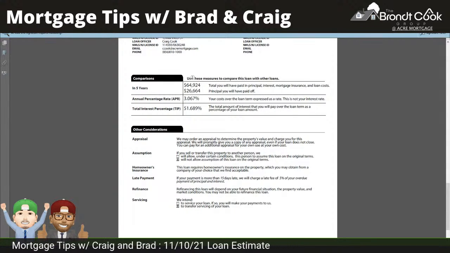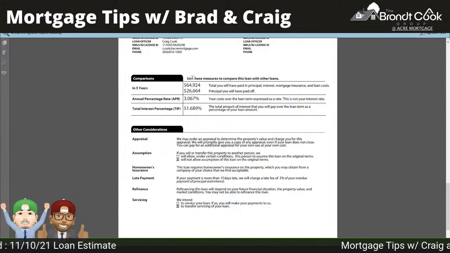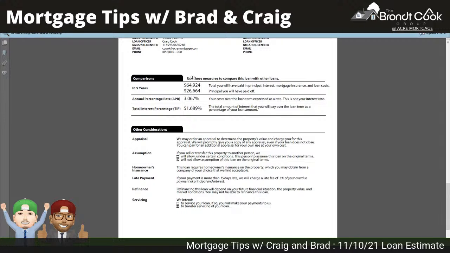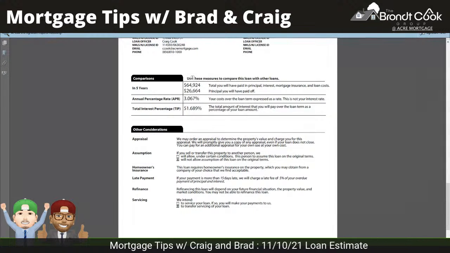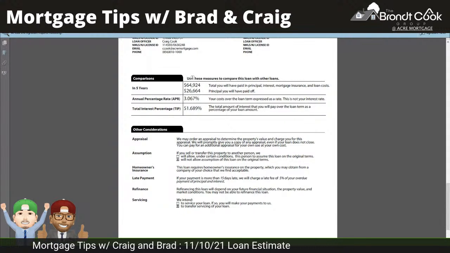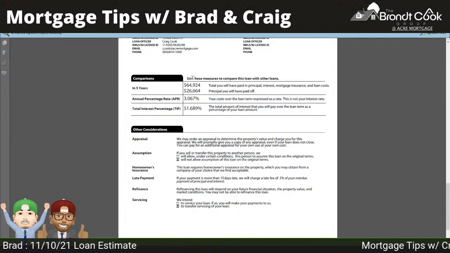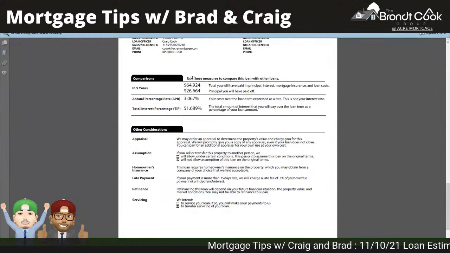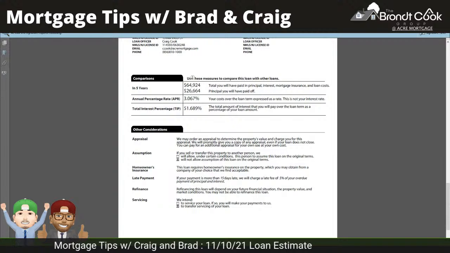Because you're not paying any additional cost but the interest on the loan. So it's a quick indicator of figuring out, okay, what are my costs involved compared to actually the interest rate that I'm paying, right? So if two lenders are offering the same interest rate, one has a higher APR, that usually is an indicator that there are more finance charges or more APR related fees involved with that lender's estimate. So that's a good thing to understand.